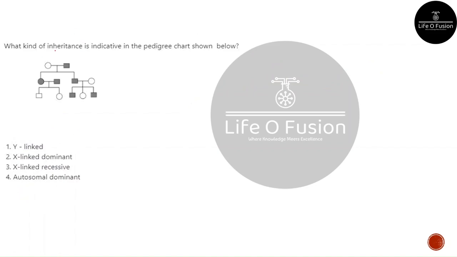What kind of inheritance is indicative in the pedigree chart shown below? So let's see. You can see generation 1, 2 and 3. The trait is available in all the generations, meaning this is a dominant pedigree. Then you can see here this part: affected individuals may have unaffected children.